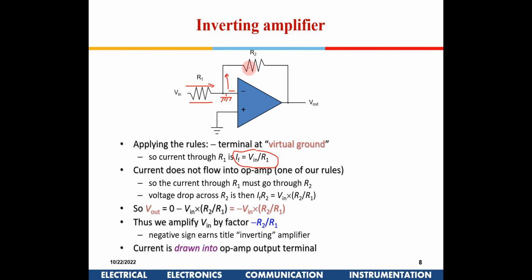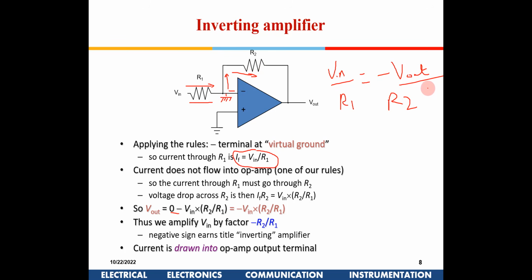And what about the other current? Since it is 0 here, this current has to flow like this, so it will be minus V out by R2.